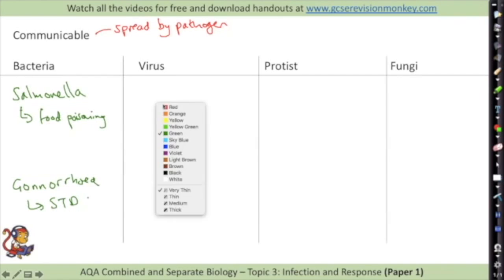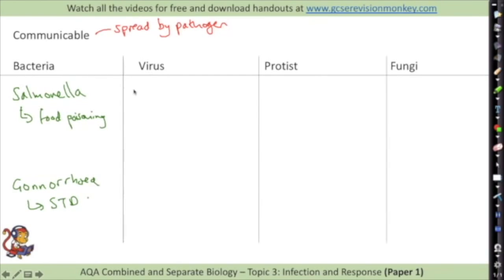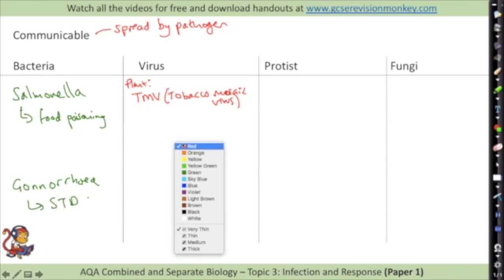There's three viruses you need to be aware of. One of them is actually for plants, so let's start with that one first. For plants, it's the TMV virus or tobacco mosaic virus. And what this does is cause a discoloured mosaic pattern on the leaves of plants, and this reduces the amount of photosynthesis that they can do.